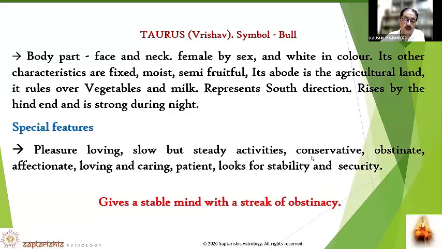Taurus is a little bit stubborn. But if they decide that they are going to do a work, nobody in the chart can stop them. So this is the second 30 degrees of the zodiac, known as Taurus, in a nutshell.